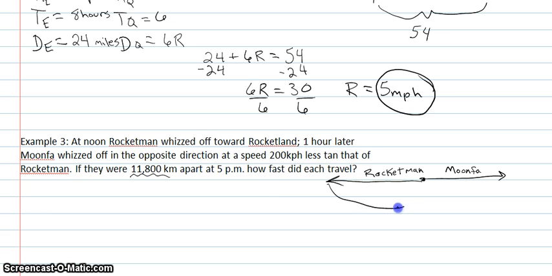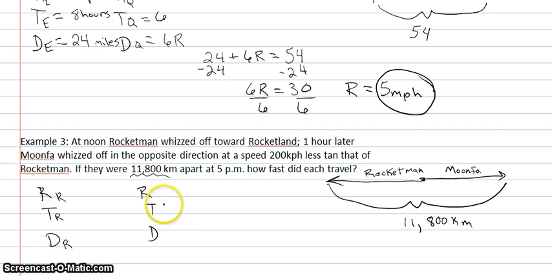Okay, and we know their total distance that they're apart is 11,800 kilometers. So we're going to have rate, time, and distance for both of them. So one's going to be for Rocket Man, so I'm going to do a subnotation of R, and the other is for Moonfa, so we're going to just give him an M subnotation.